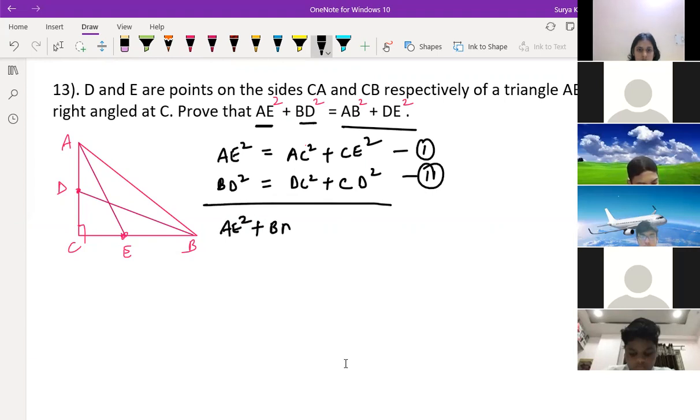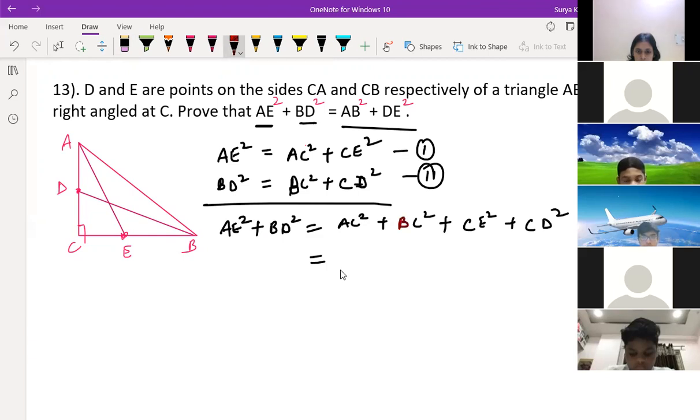AE square plus BD square is equal to AC square plus CE square plus DC square plus CB square. Here BD square is equal to DC square plus CB square, yes. So AC square plus DC square I've written here. Let me change this: this is BC square.